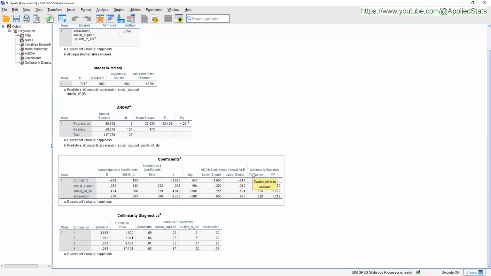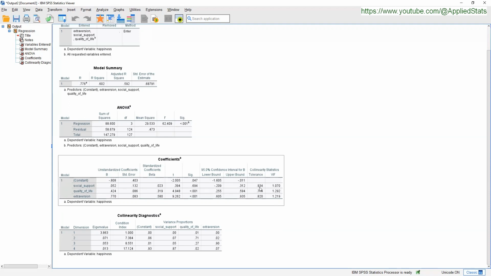Collinearity statistics are to make sure that your regression equation is healthy. This is one of the assumptions of regression analysis. There should be no collinearity, multicollinearity, between your predictors. Basically, it means that your predictors should not have a very high correlation between themselves.